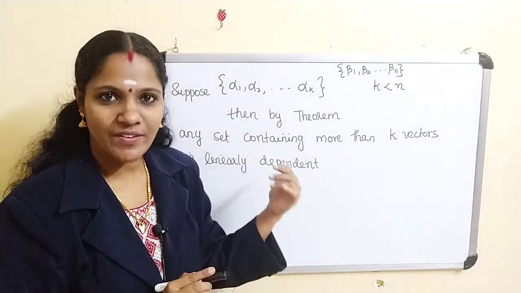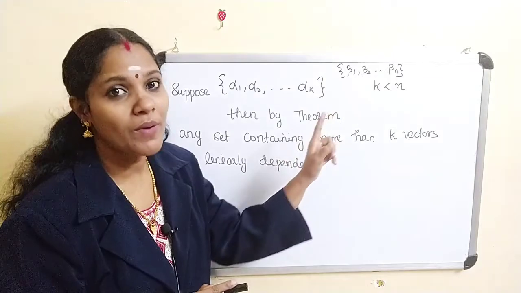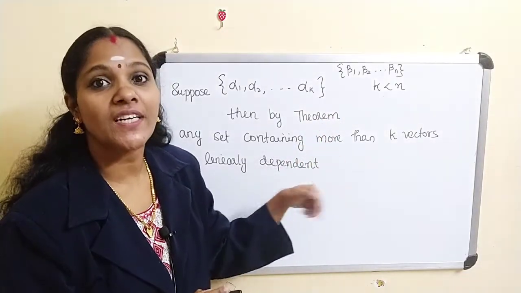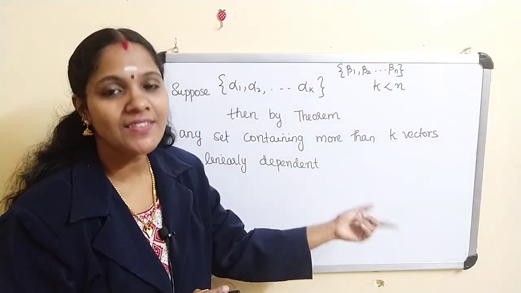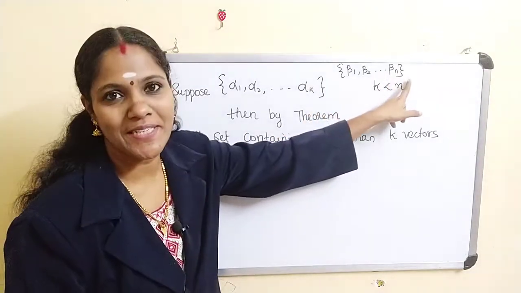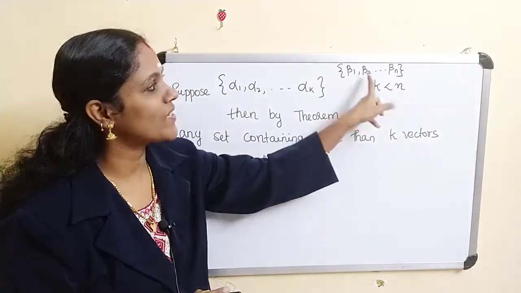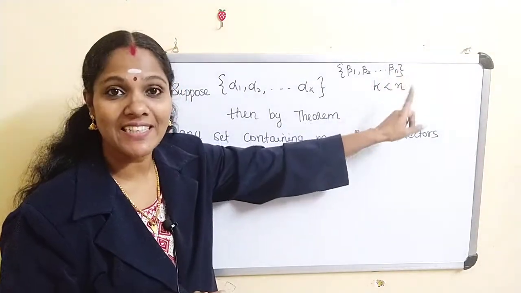So V is a vector space spanned by alpha 1, alpha 2, up to alpha k. By our theorem, any set which contains more vectors than a spanning set is linearly dependent. Here n is greater than k, so beta 1, beta 2, up to beta n is linearly dependent.